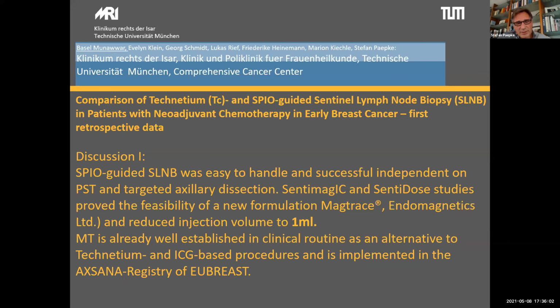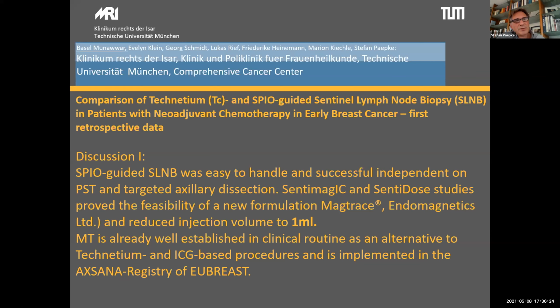And what I've seen in different hospitals in which ICG-based procedures are implemented, it is really not only an alternative. For my personal feeling, it is superior in comparison to the different techniques.